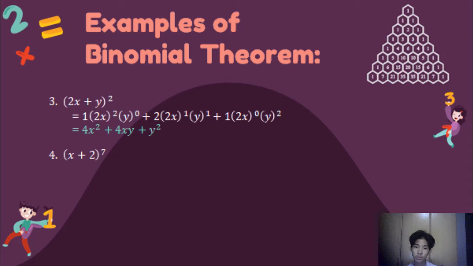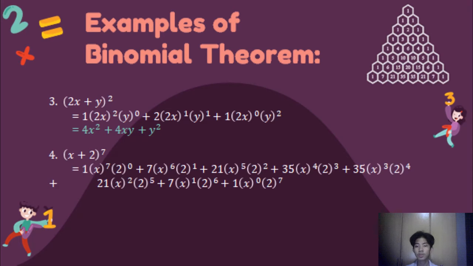So for our fourth example, it's x plus 2 raised to 7. So we will use similar steps to those we did for the first 3 examples.